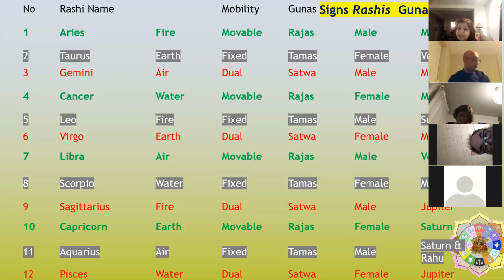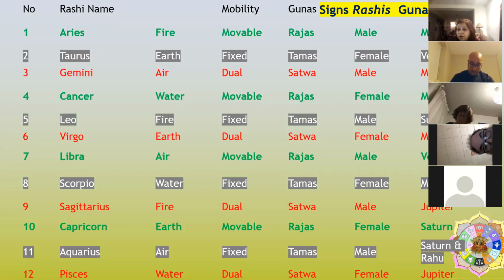But Aries is actually the real royalty in terms of all the significations of the royal sign that we attribute to Leo. It's actually Aries, also because the sun exalts in Aries.